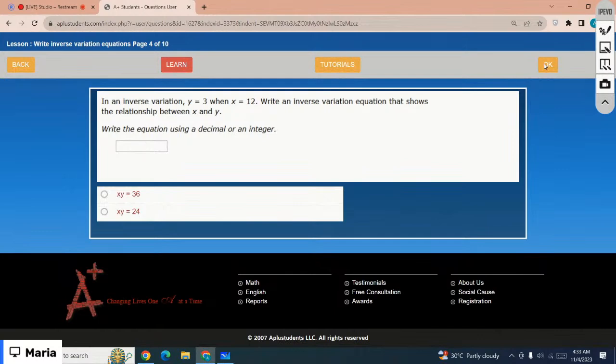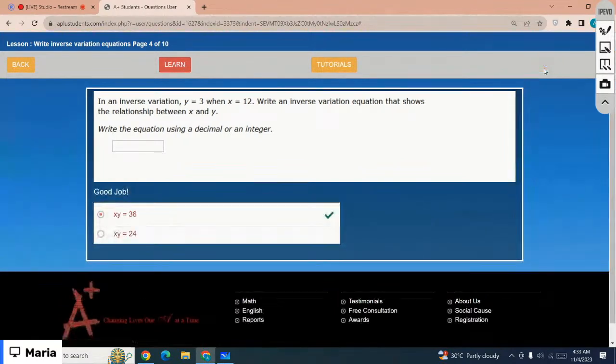Yes, that is xy equals 36. Option number 1 is the correct option. Very good.